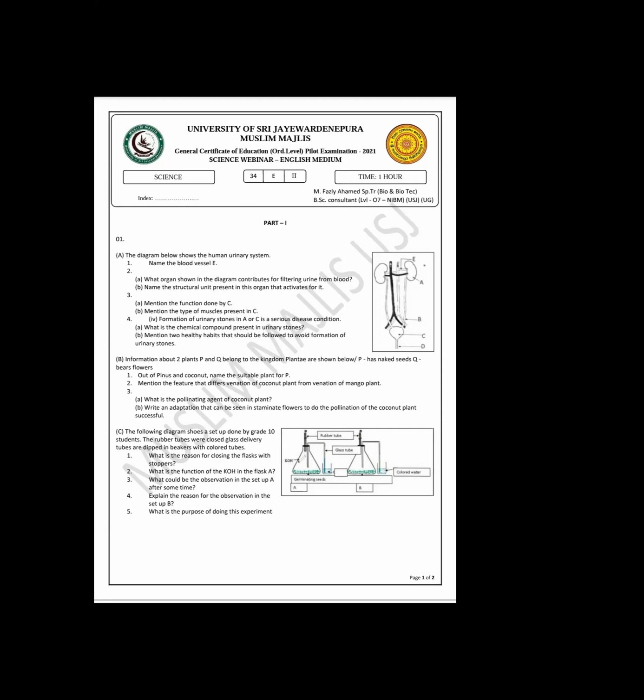So first fertilization, zygote, seed coat, embryo, and after that it becomes seeds. When we consider the agent of pollination: animal, wind, and water. So coconut's agent is wind.